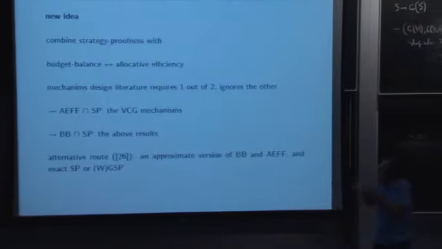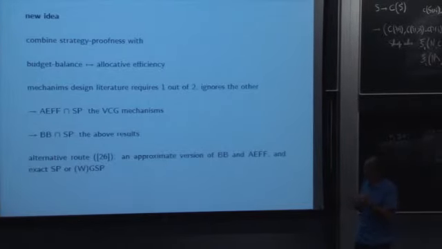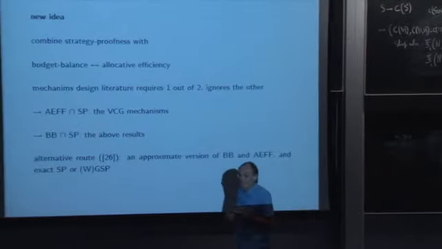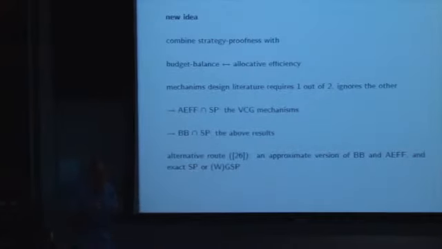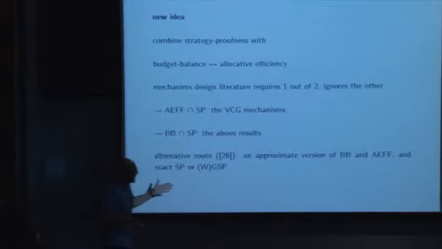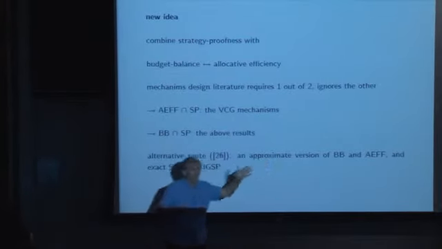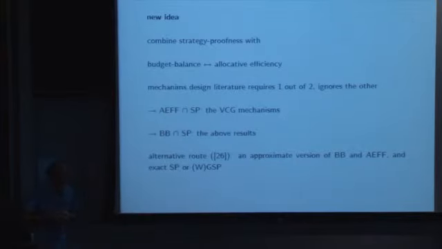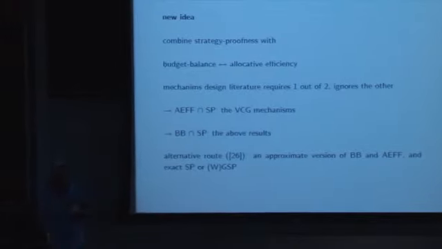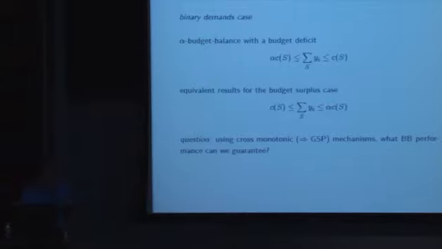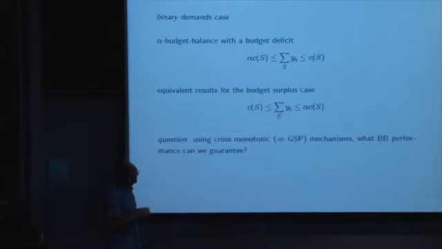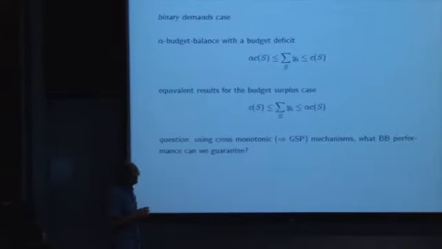So trying to say, look, a general mechanism which is GSP is going to be approximately budget balanced and approximately give you allocative efficiency, and maybe we can try to get some sense of what is the fundamental trade-off there, how much of budget balance we must give up to achieve pretty close to allocative efficiency and vice versa. And those results, which are still not very developed, in the sense of not very systematic, are really giving a new perspective, which should be very fruitful.